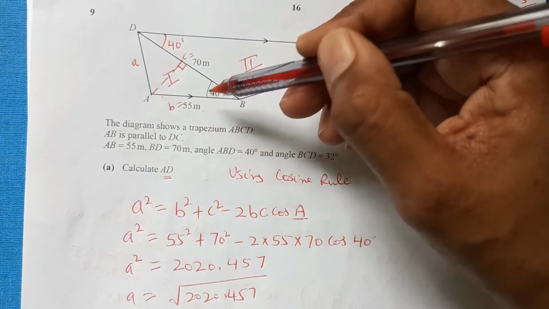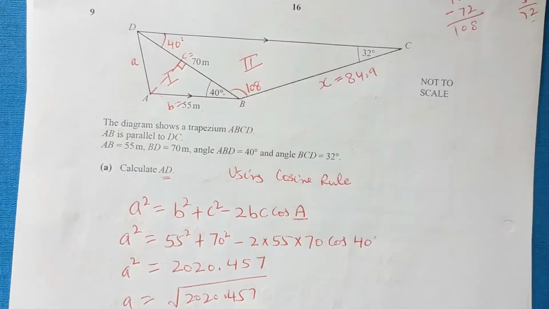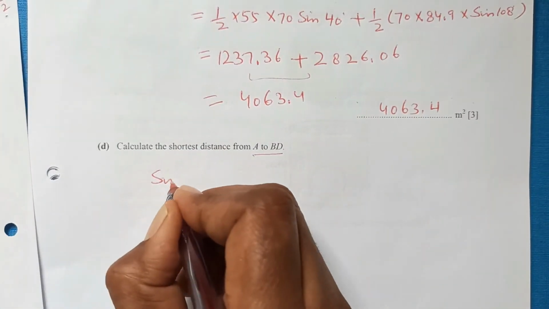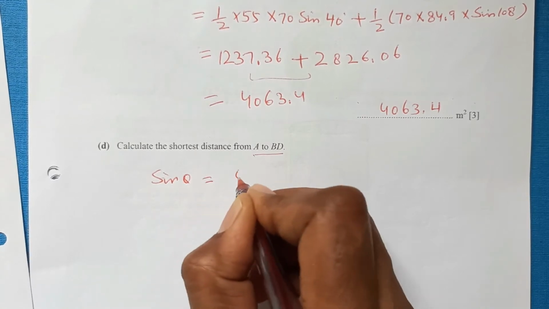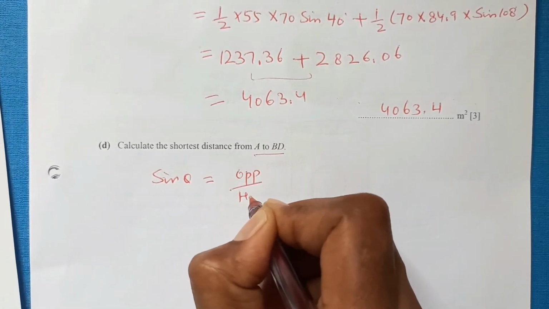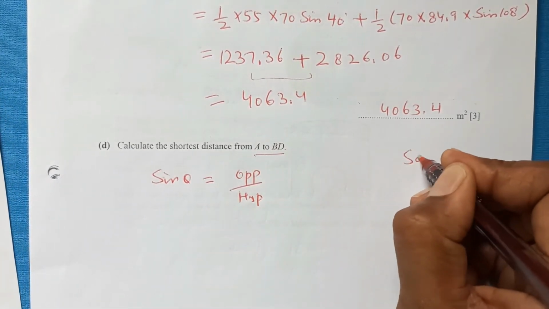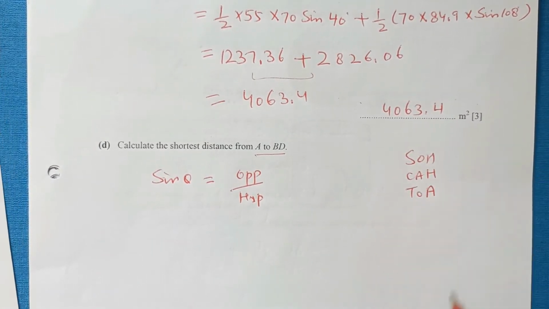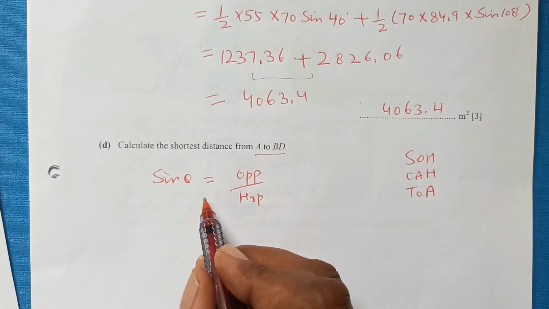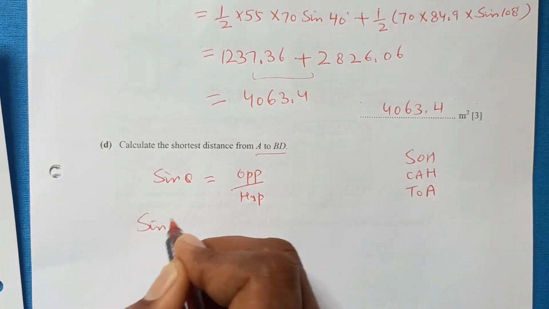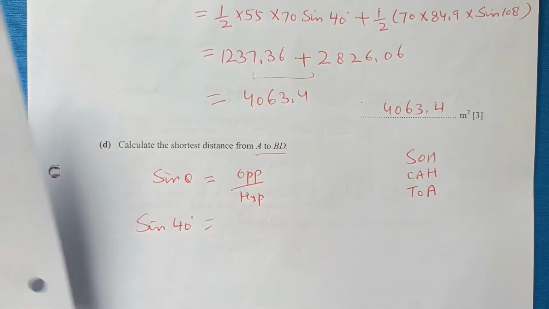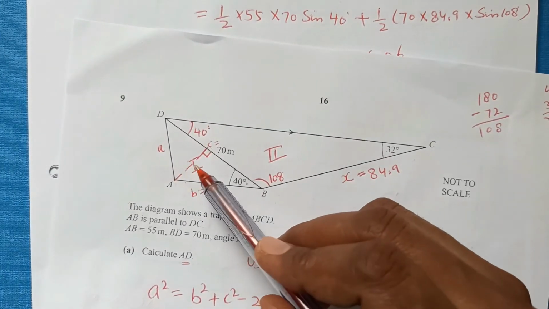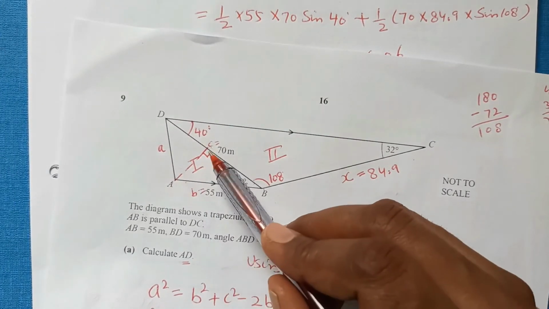We can use the sine here. Sine theta will be opposite over hypotenuse by using SOHCAHTOA. So sine here is 40 degrees, opposite side, this is AC.